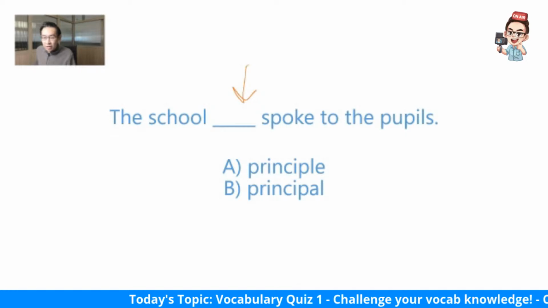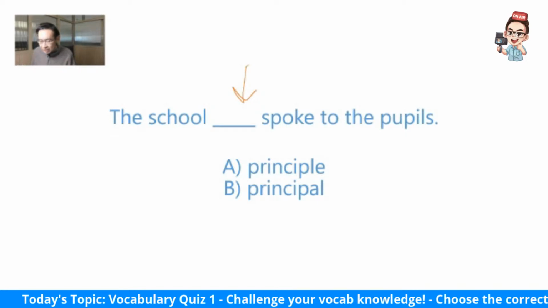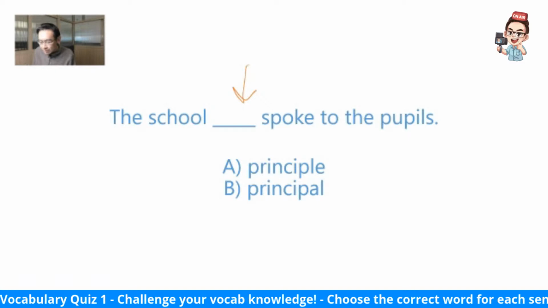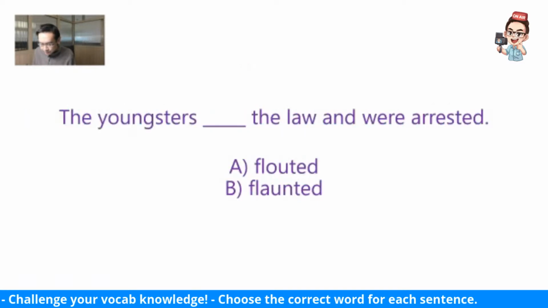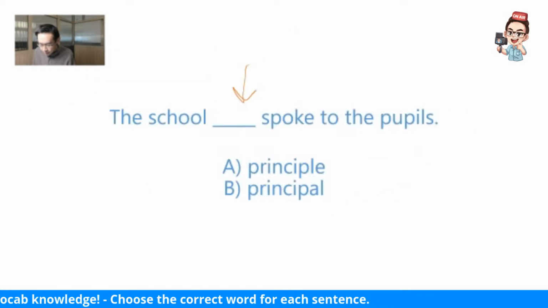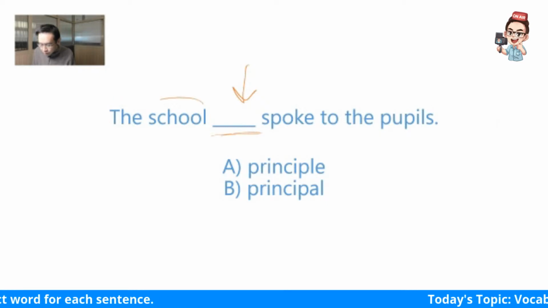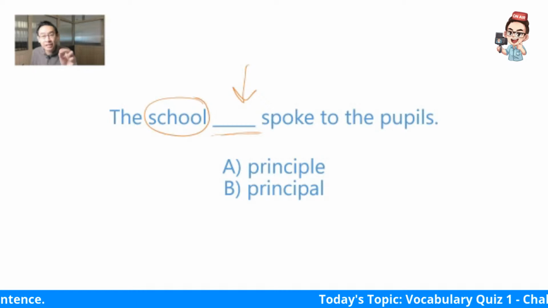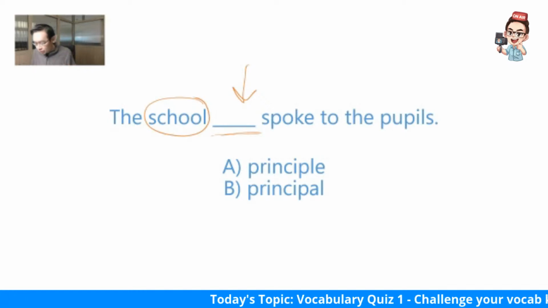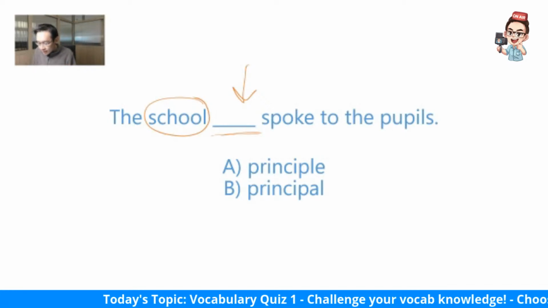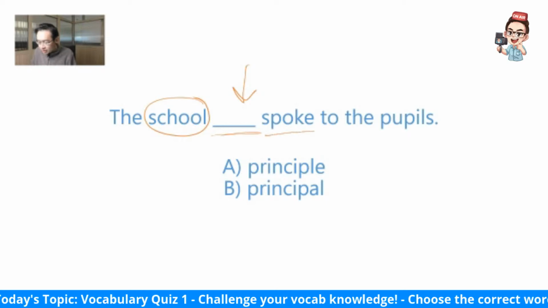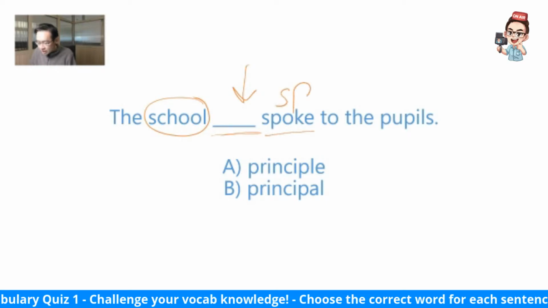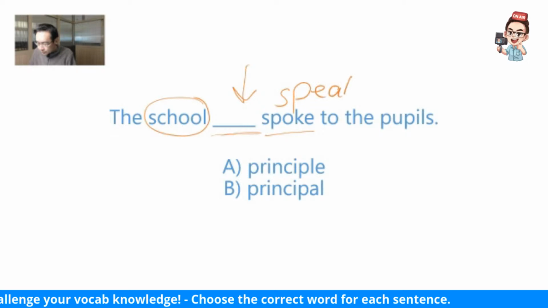Let's now look at our sentence. So it says the school something. So something here in the blank belongs to the school. The thing that we need to write in the blank belongs to the school. And this thing spoke. So this comes from speak, right? To what?